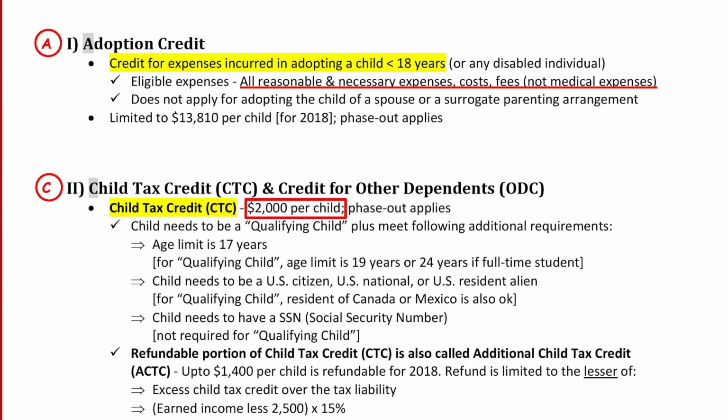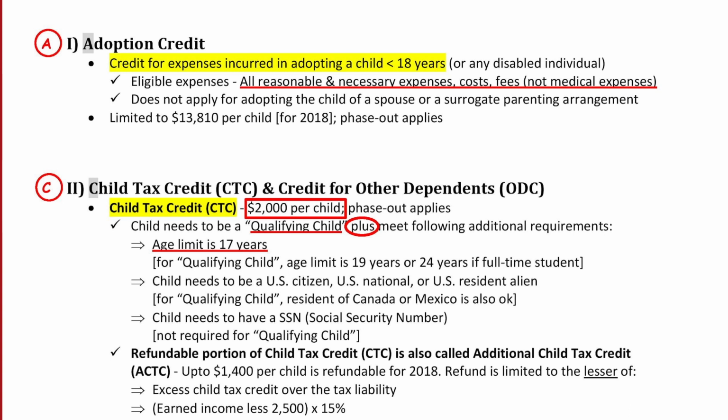Now the child needs to be a qualifying child, plus meet the following additional requirements. So number one, age limit is 17 years. So instead of the typical age limit of 19 years for qualifying child, the age limit for the child tax credit is only 17 years.